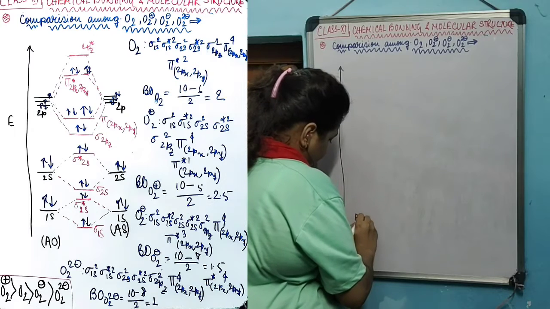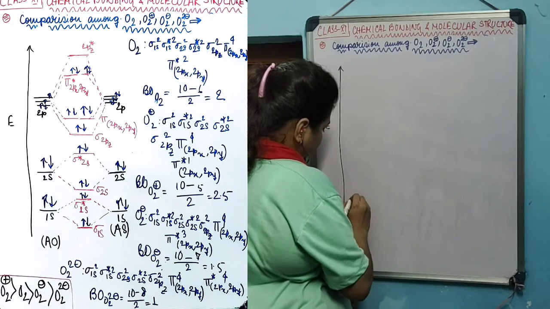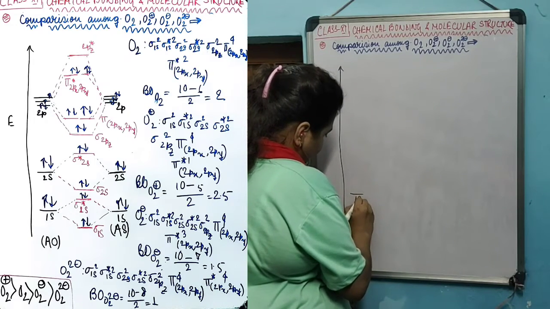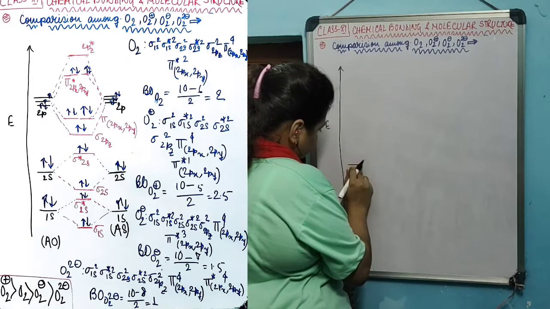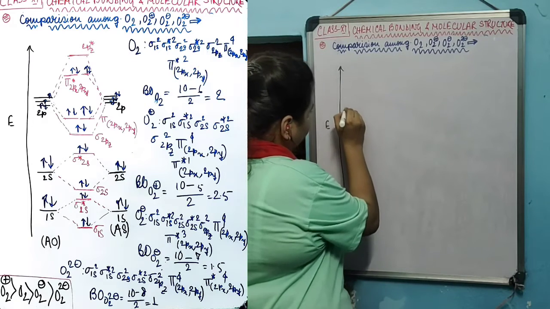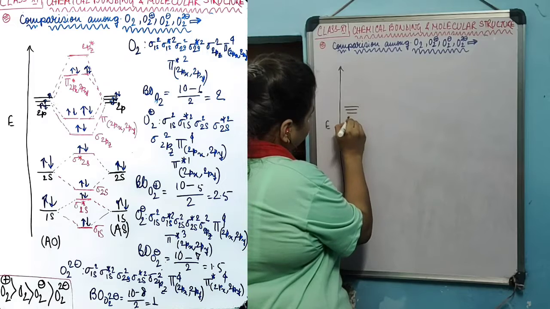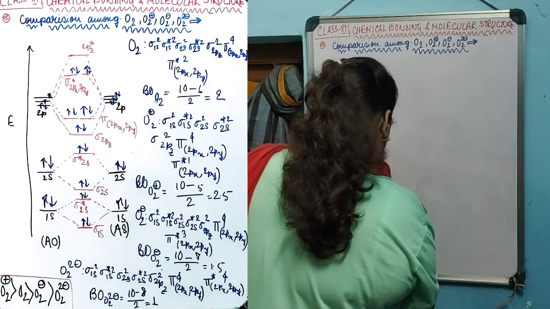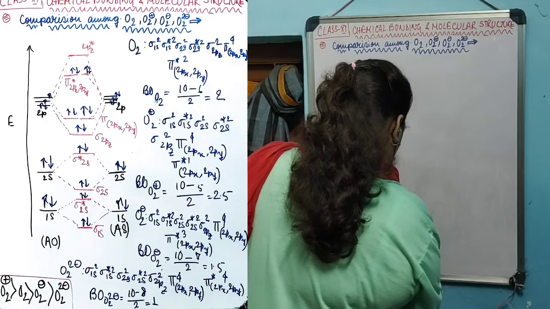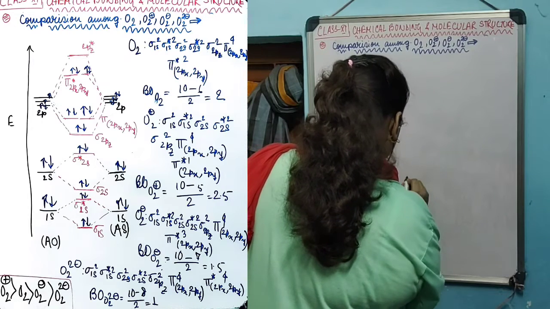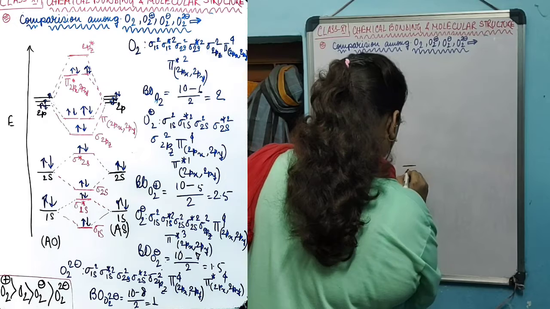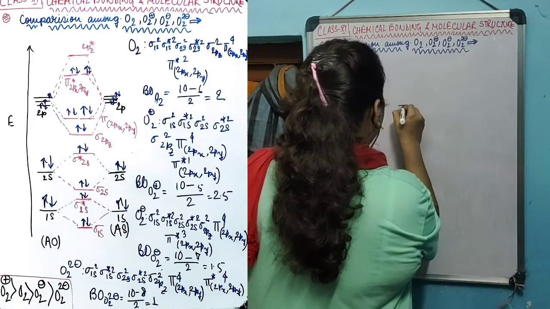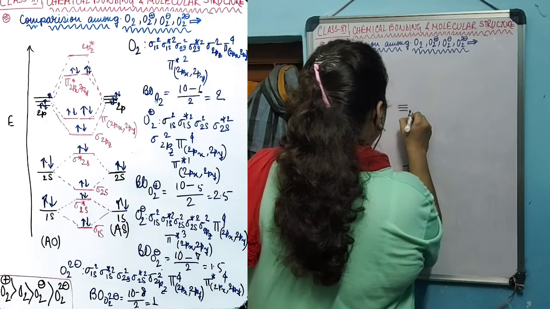The first atomic orbital diagram will contain 1s, a little bit higher 2s, a little bit higher 3 degenerate 2p orbitals. In the similar way, the second atomic orbital will also contain 1s, a little bit higher 2s, a little bit higher 3 degenerate 2p.